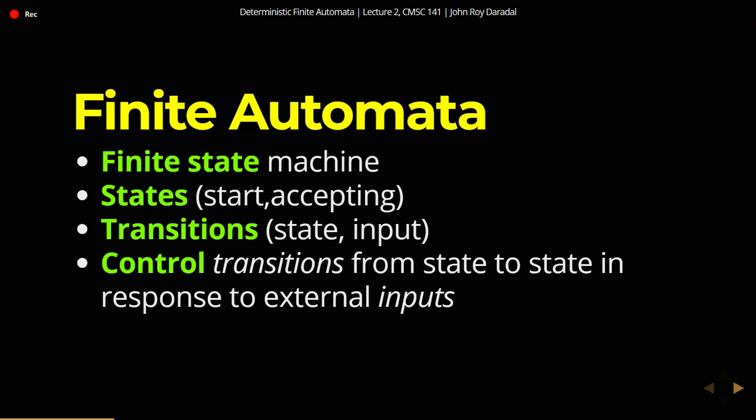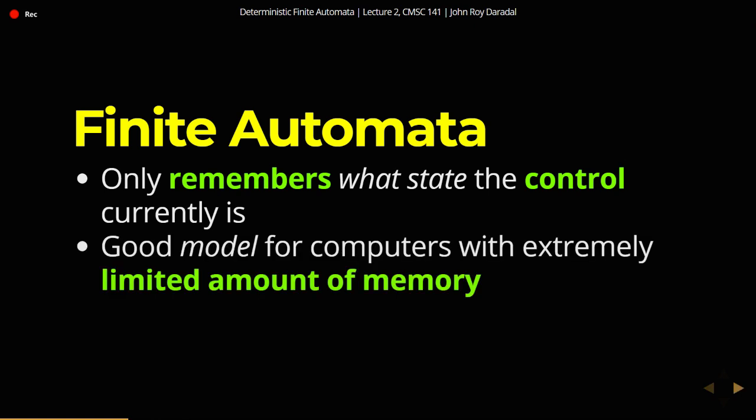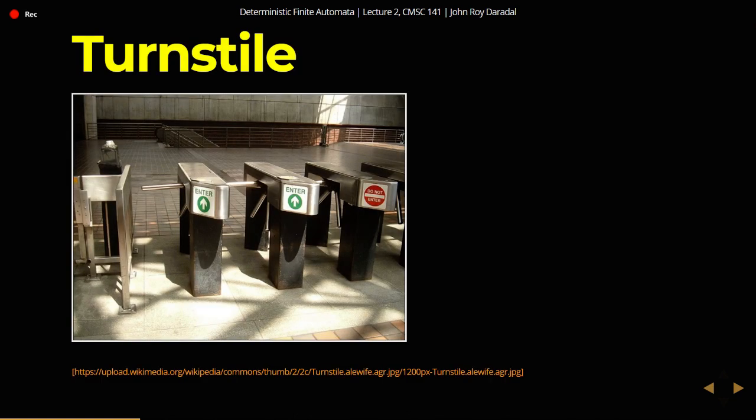And that's it. So the finite automata only remembers what state the control currently is. Okay, so that's the only thing it remembers. Where is the control currently in? What state is it currently in? So it's a good model for computers with extremely limited amount of memory, because it only remembers one thing, and that is where is the control.